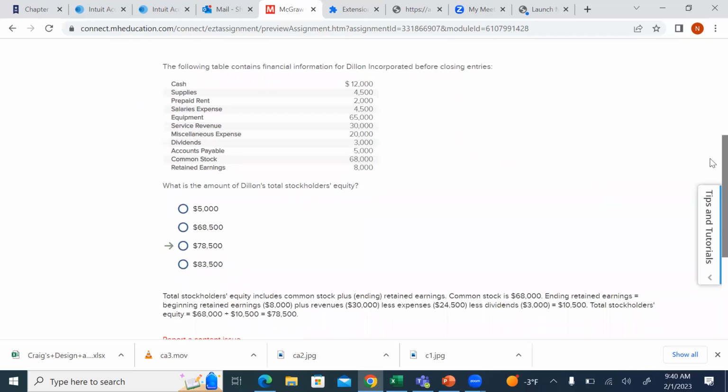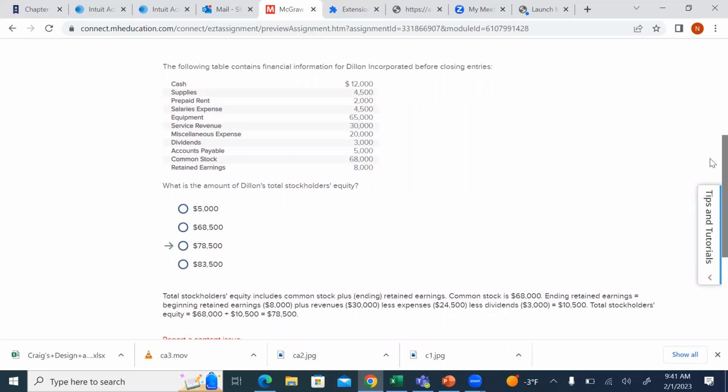The following information is before closing entries. So they give you cash, supplies, prepaid rent. Those are assets. They give you salaries expense, which is on the income statement, equipment, service revenue, miscellaneous expense, dividends, accounts payable, common stock, and retained earnings. So you know the common stock is 68,000. And you know the retained earnings starts with 8,000 here.